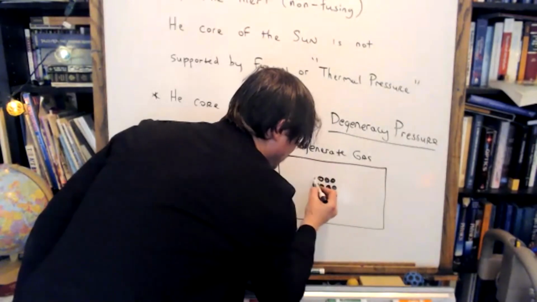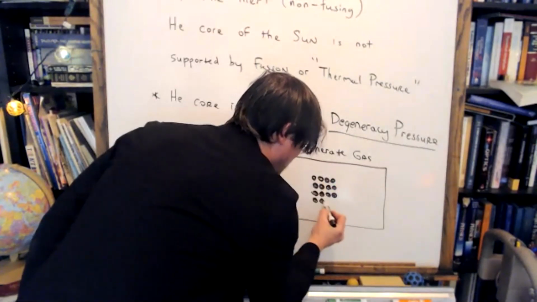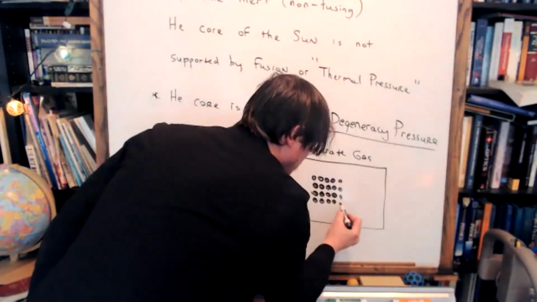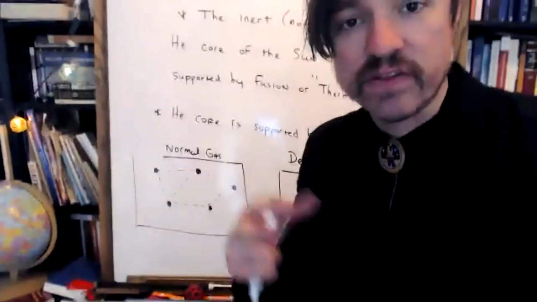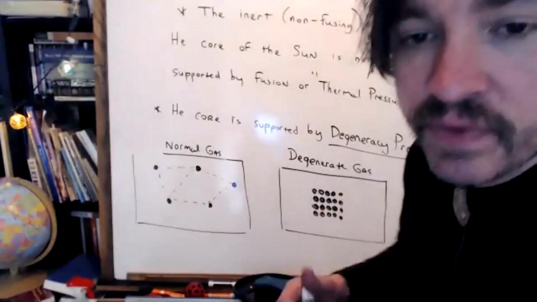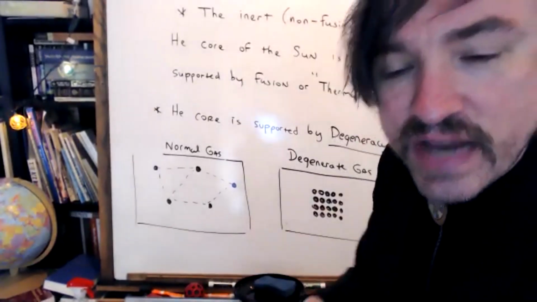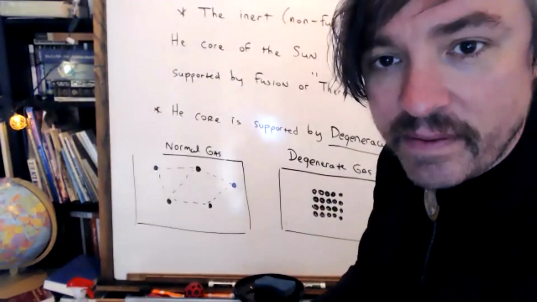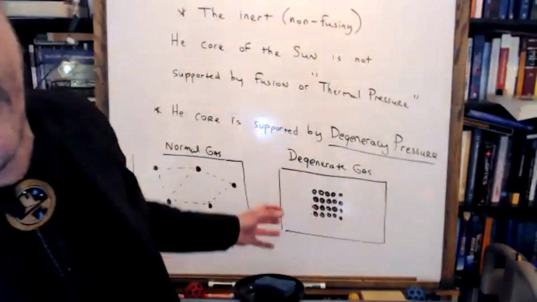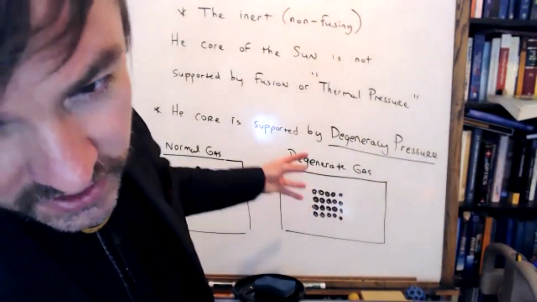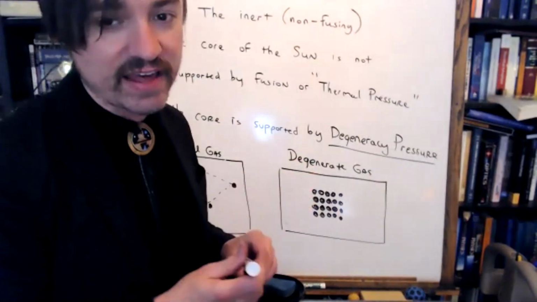In other words, they're kind of like a carton of eggs stacked on top of each other. Ultimately, matter, protons, neutrons, electrons, helium nuclei, they're actually wave-like in nature. They're not entirely solid. The protons, the electrons, the neutrons, they have wave-like properties. And some of their quantum wave-like properties become manifest when you squeeze a gas to this level.